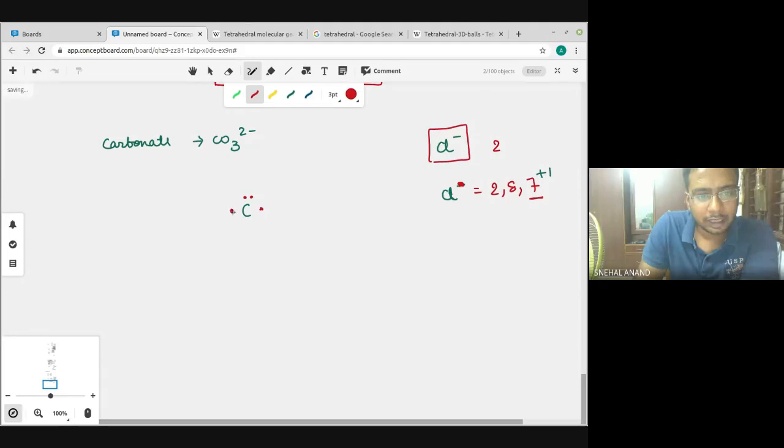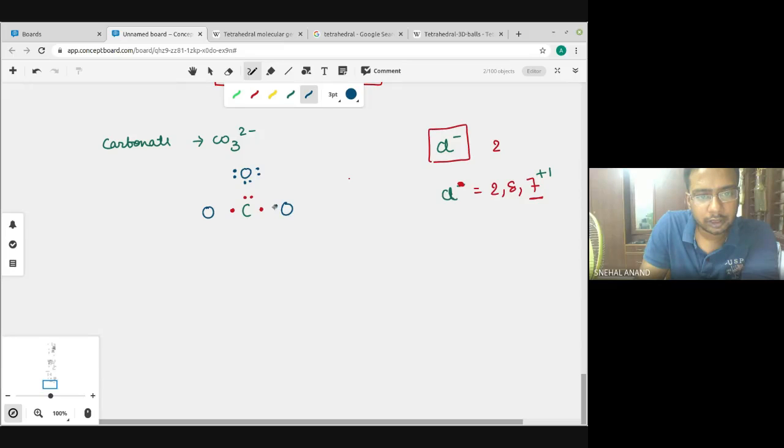Now, carbon has 4 electrons in the outermost shell. I think every one of you understands this, right? This carbon found 3 oxygens roaming around. This oxygen had 1, 2, 3, 4, 5, 6 electrons.